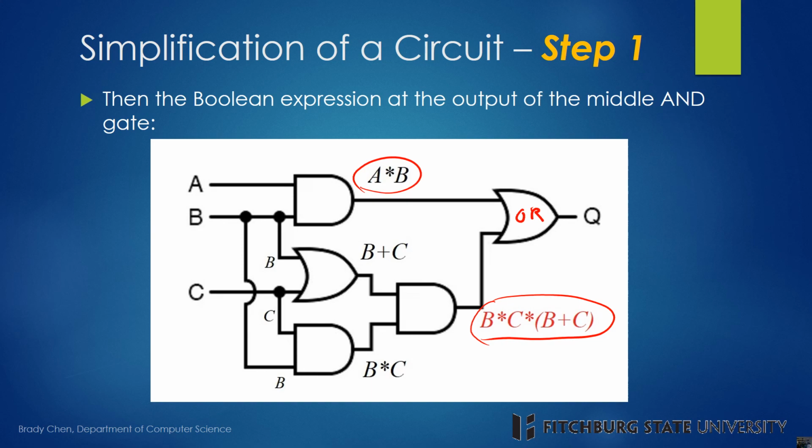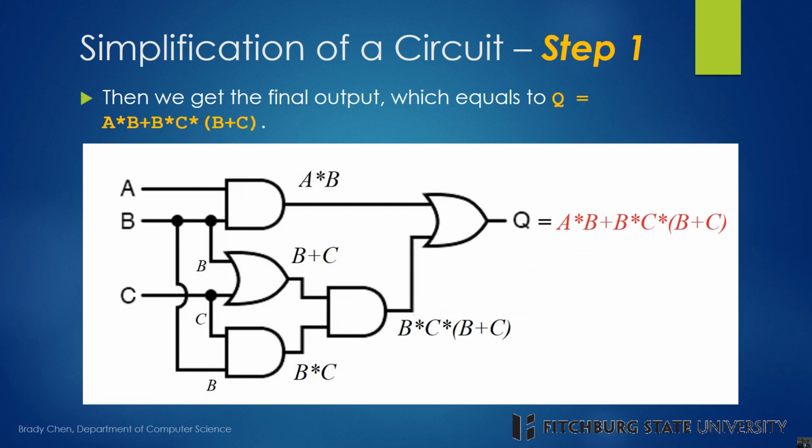So we have A times B plus the other expression, B times C times B plus C. So this is the final result. So that's the Boolean expression corresponding to the logic circuit we have here.